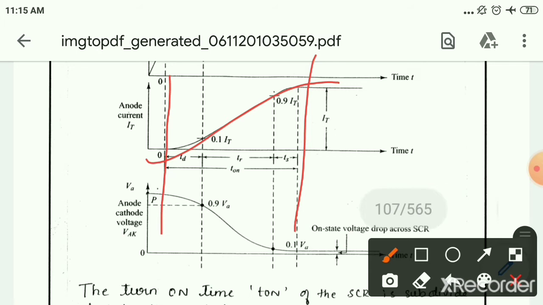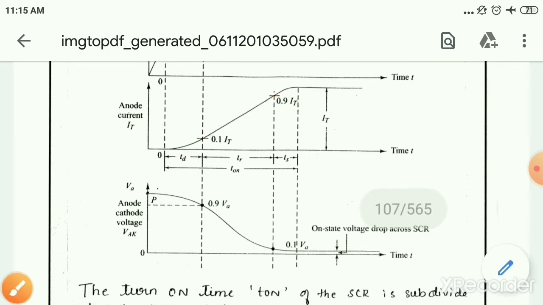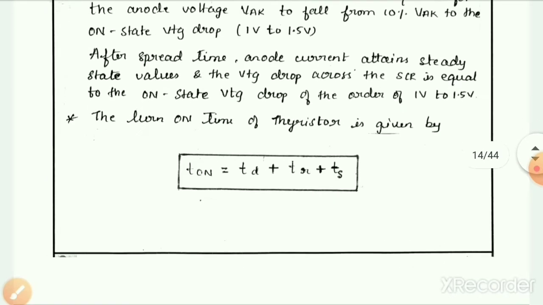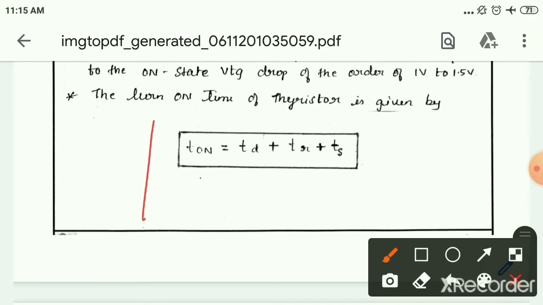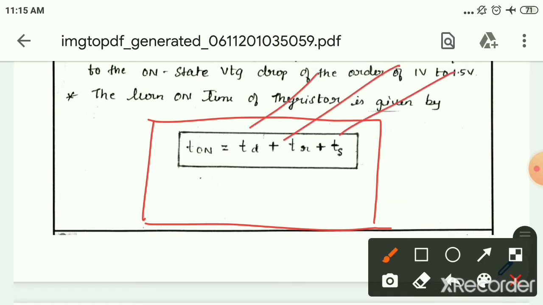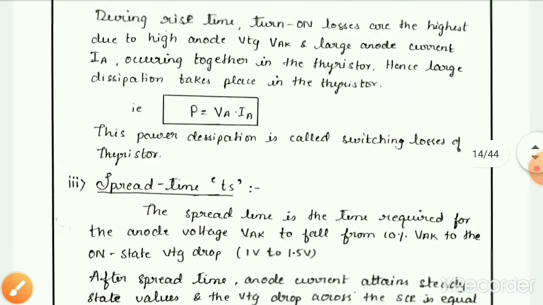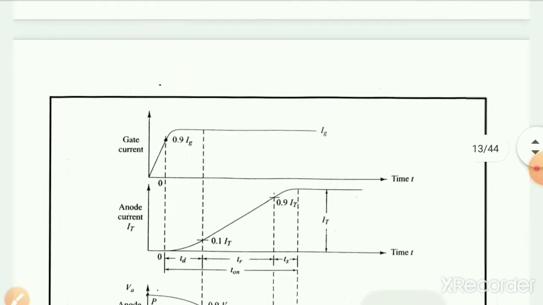The on period is the sum of delay time, rise time, and spread time. You can calculate Ton of a silicon controlled rectifier using this formula: Ton equals TD plus TR plus TS. So what we discussed here is the turn on characteristics.